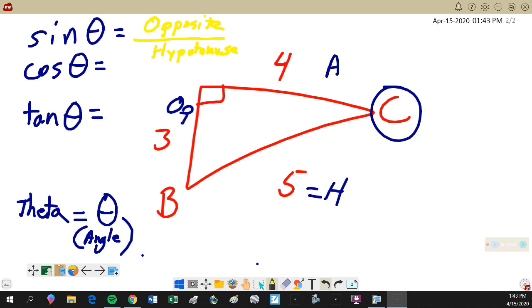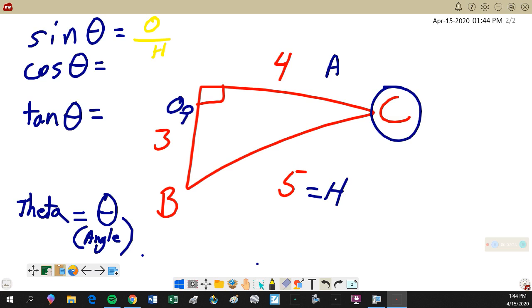Okay, so if you want to know what the sine of theta is, then you take the opposite length and you divide it by the length of the hypotenuse. But once again, we're super lazy, so we're just going to say O over H. So the sine is the opposite side divided by the hypotenuse.